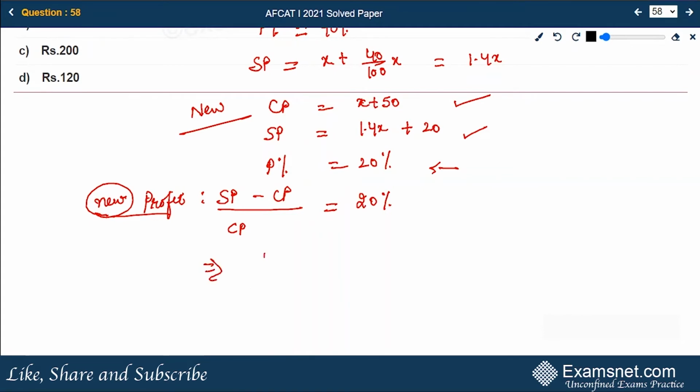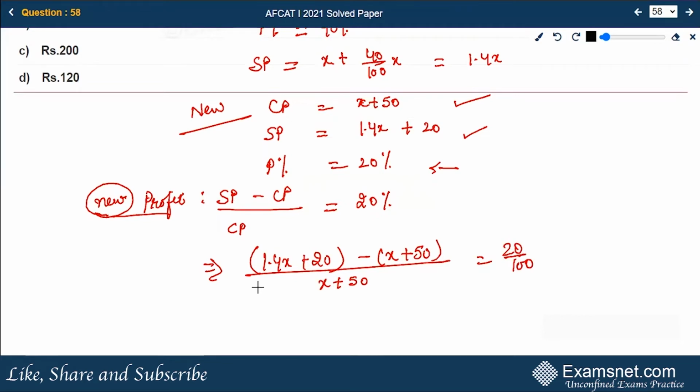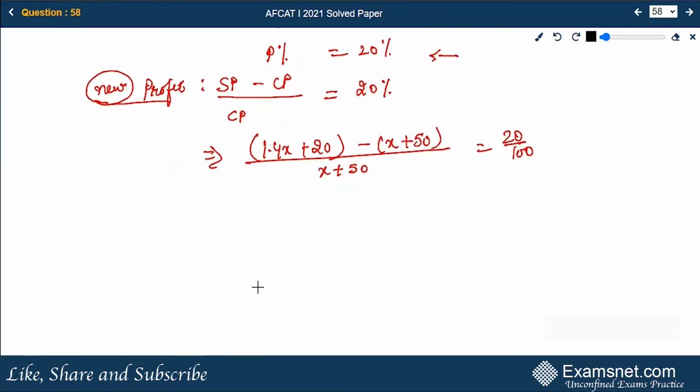So selling price is 1.4x plus 20 minus x plus 50 divided by x plus 50 is equal to 20%, which makes it 1.4x plus 20 minus x minus 50 divided by x plus 50 is equal to 1 by 5.